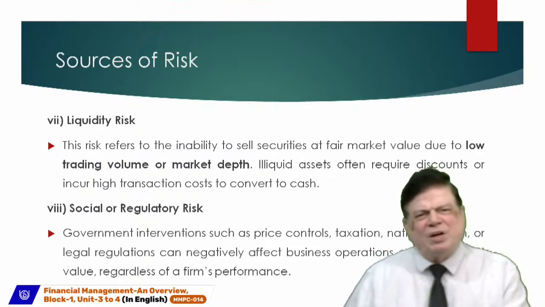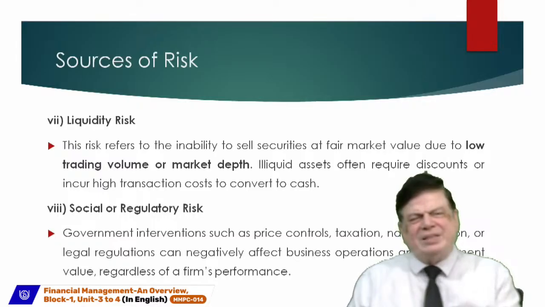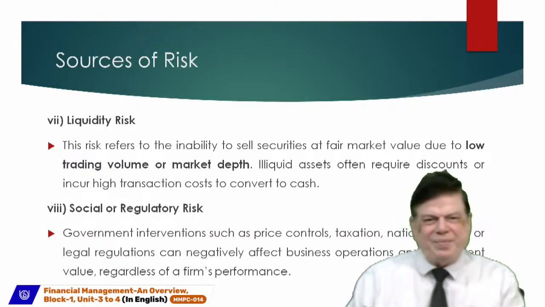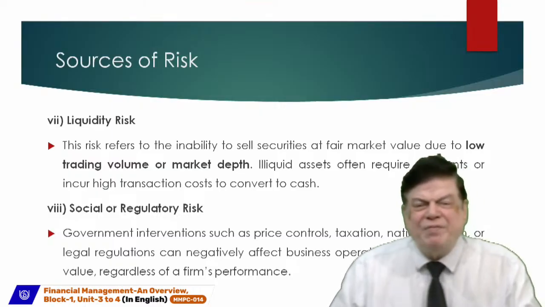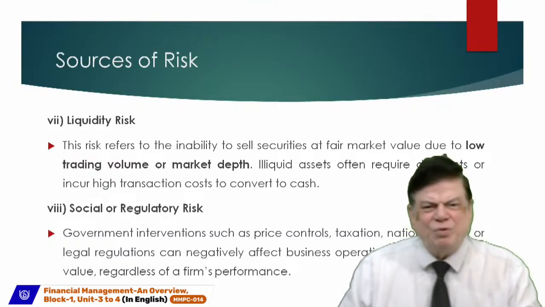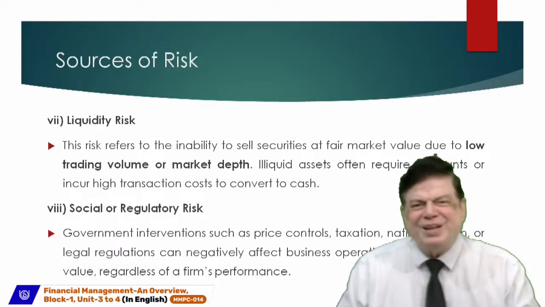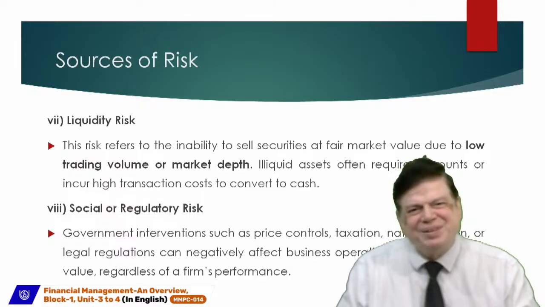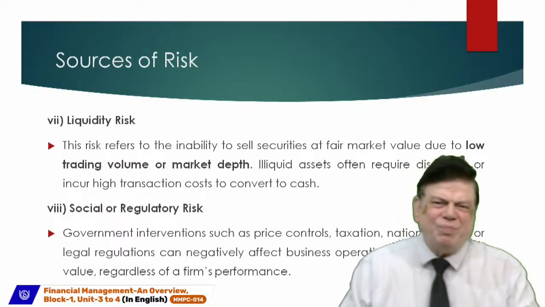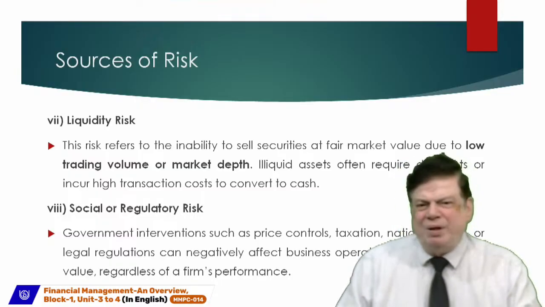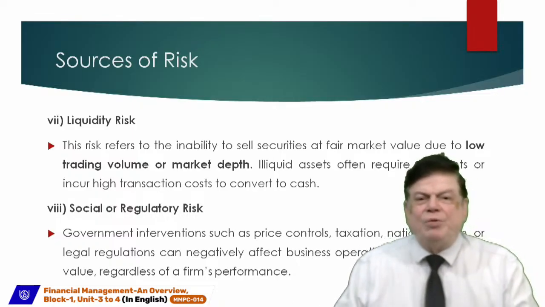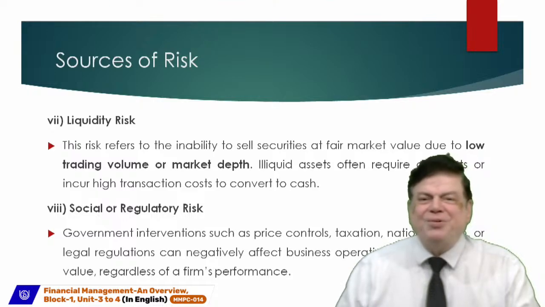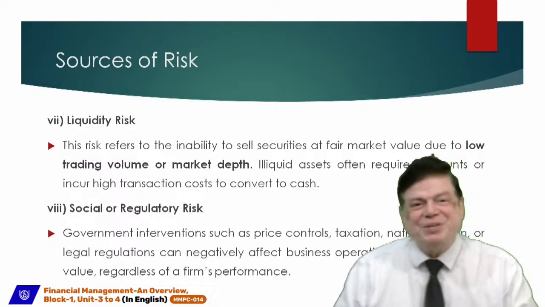Now we come to the next risk, that is liquidity risk. Suppose you are working in a branch, and on the maturity date your FD customers come and take back money from you. You cannot tell them that we are not having money today. If the FD is matured today, you have to pay the money to the customer today only. So liquidity risk means the liquidity position is not there.